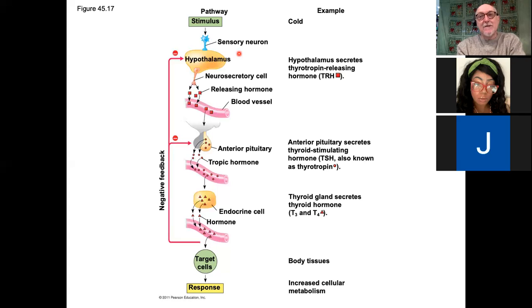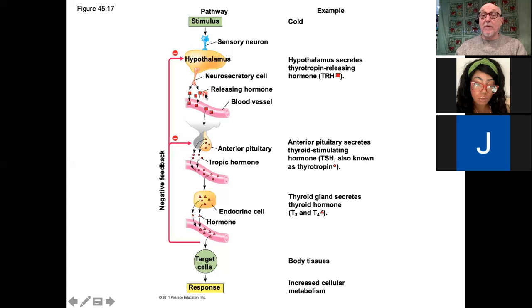It can receive sensory information that the temperature has dropped, but it can also pick up the fact that the blood temperature is falling. And in response to falling blood temperature or to cold, the hypothalamus begins to release thyrotropin releasing hormone. That is TRH, thyrotropin releasing hormone.